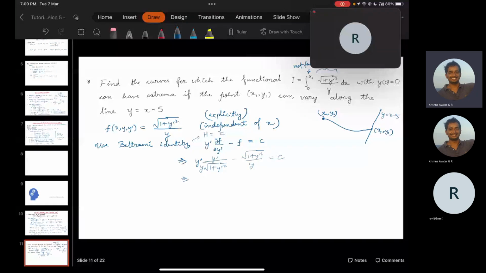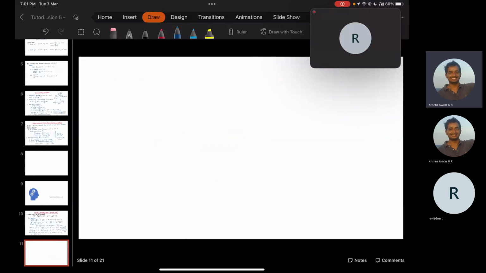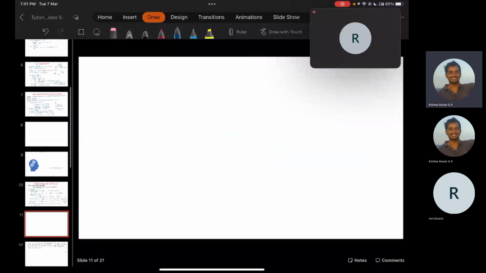Okay, so what we have here is y prime squared. I will take 1 by y as a common factor, and then we have y prime squared, and then we take the LCM as 1 by root over 1 plus y prime square. So we have this as minus 1 minus y prime squared equal to a constant.